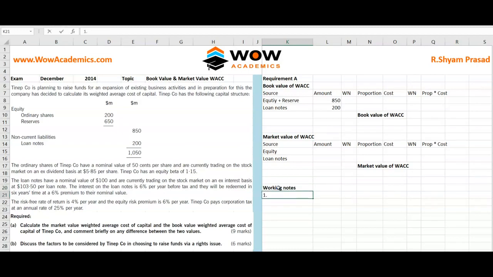We'll start from working note 1, which is the market value of equity. To find the market value of equity, the information is given here. First we'll find the number of shares.